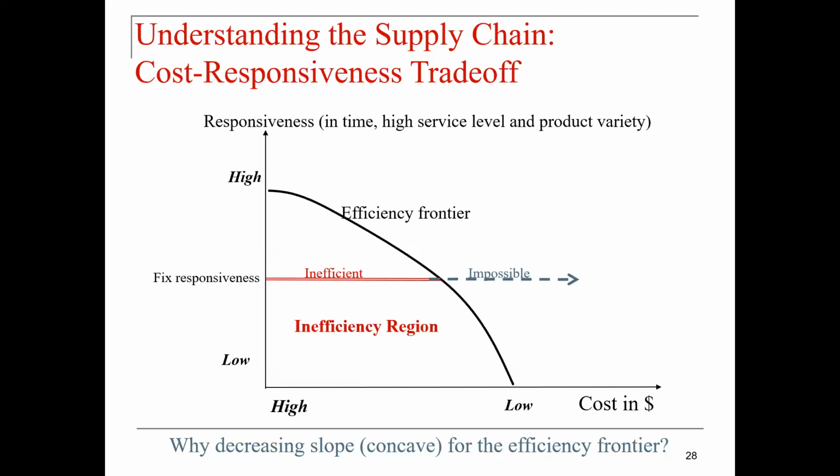So if you are on that line, then you are good. If the cost is very low, as you move to the right, then your responsiveness can also be low.